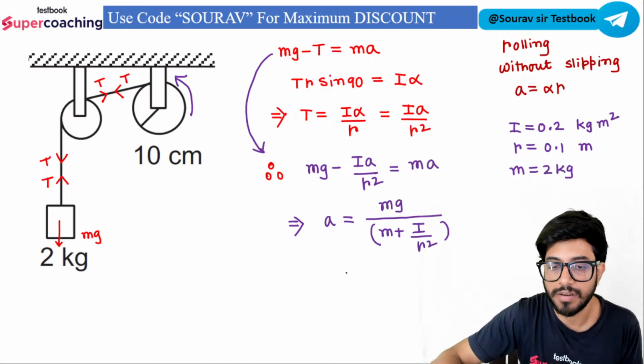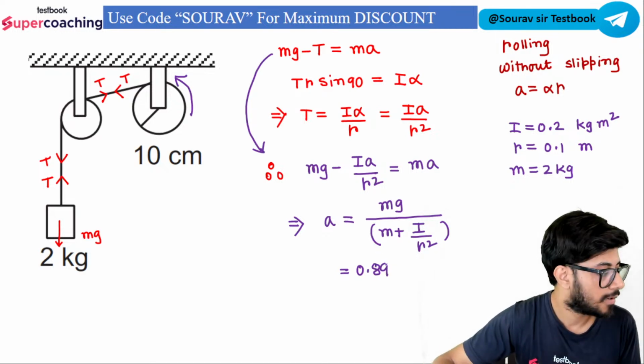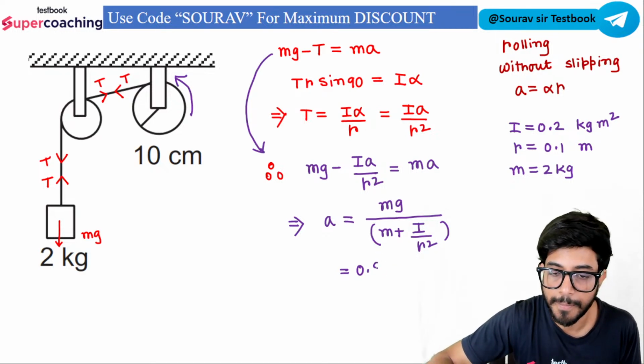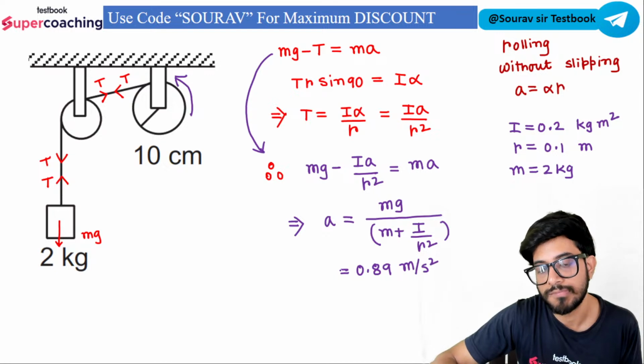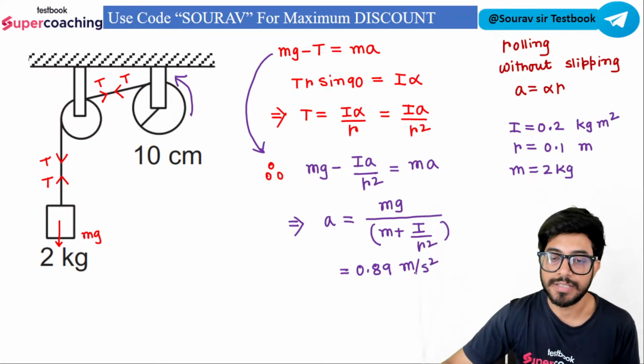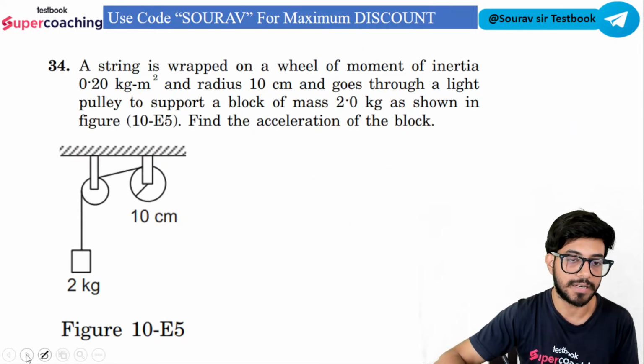Just put everything over here, you're going to get 0.89 meter per second square. Acceleration is 0.89 meter per second square.